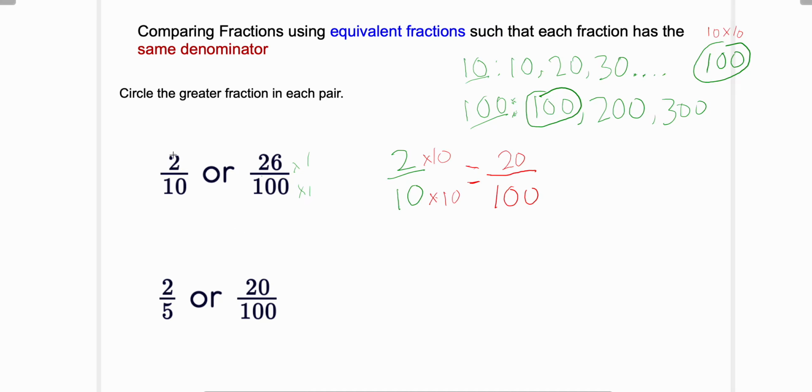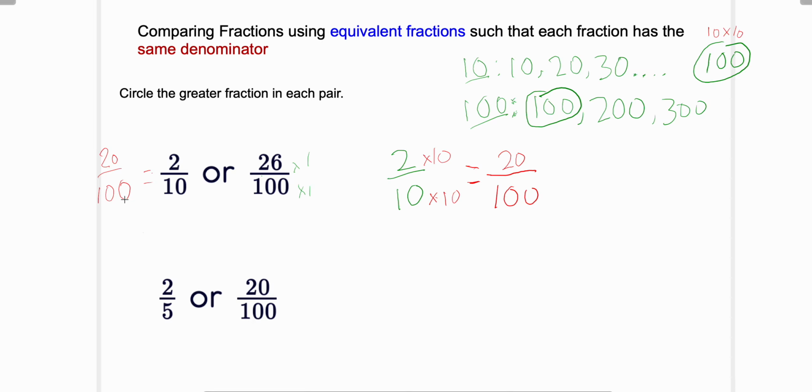So this 2/10, we just created an equivalent fraction. So this is equal to 20 hundredths. So now we can make a fair comparison: 20 hundredths or 26 hundredths. Which fraction is the greater fraction?